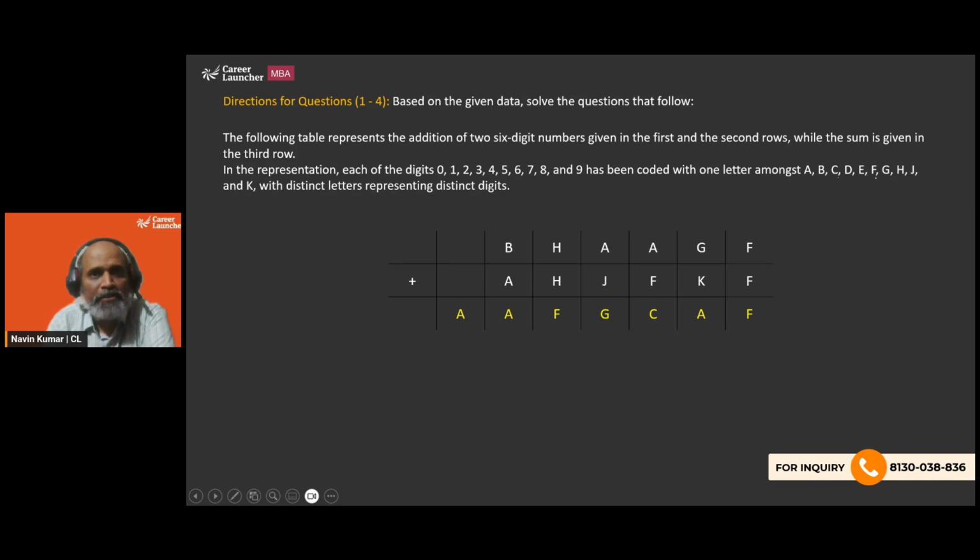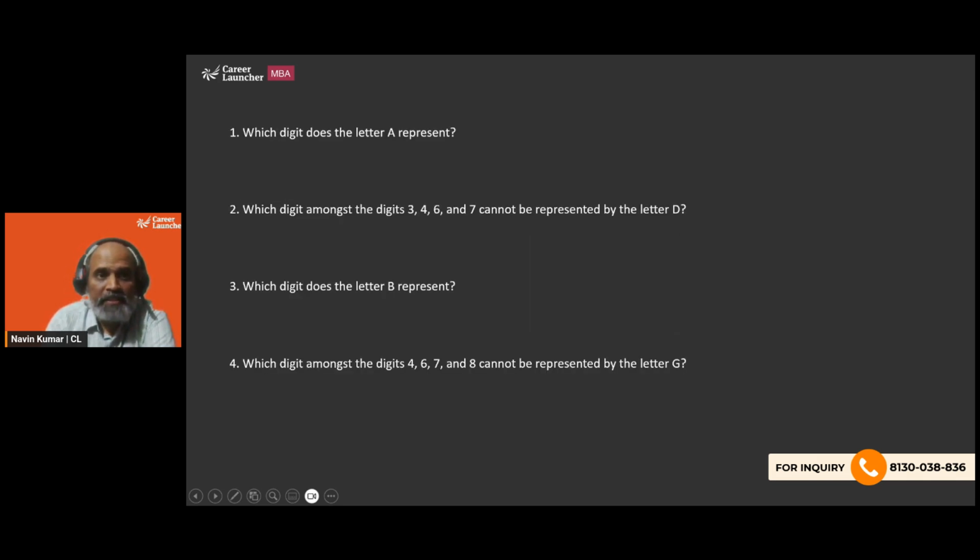Let's see if we have additional information and what kind of questions are asked. Which digit does the letter A represent? Definitely one digit, so we should know it. Which digit amongst the given four cannot be represented by the letter D? So there may be scenarios where D can represent certain digits out of the given four; one will not happen. Which digit does the letter B represent?